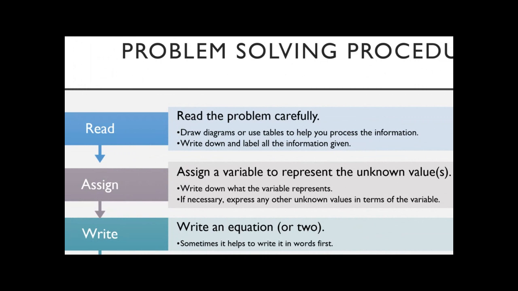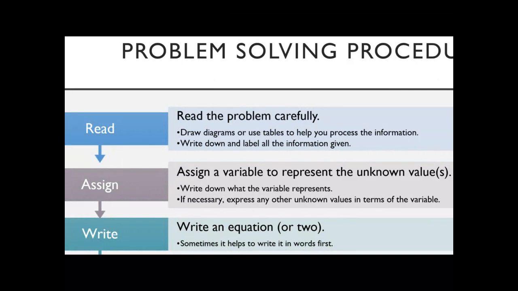Once you've read the problem and you've written down what you know, what you're looking for, and drawn some pictures, then you want to start picking your variables. Whenever you pick a variable, write down what it represents. Because X in a real world problem isn't very explanatory. If you're trying to find the distance between two things, X doesn't immediately say distance to me.